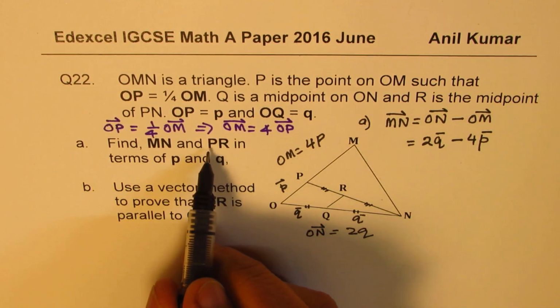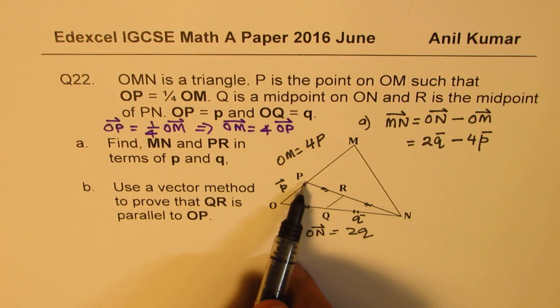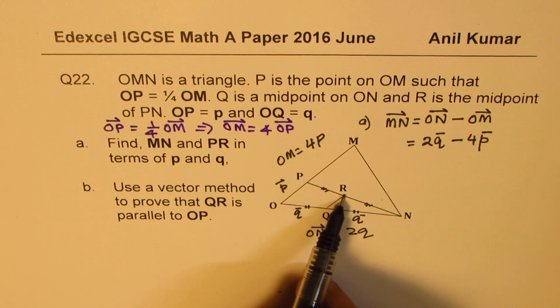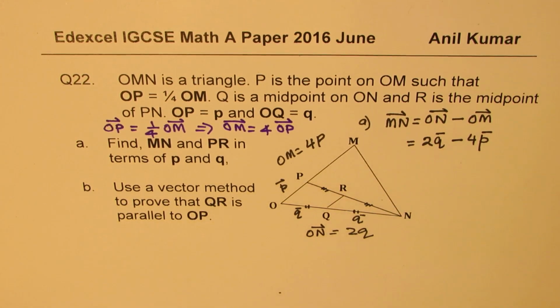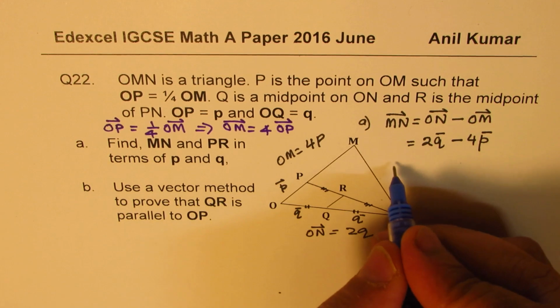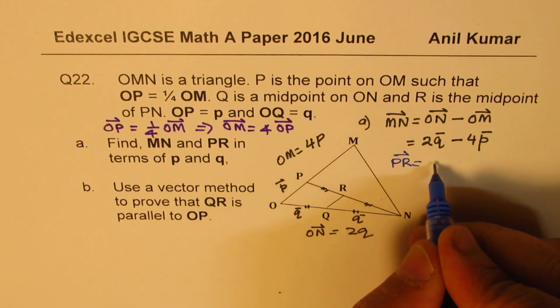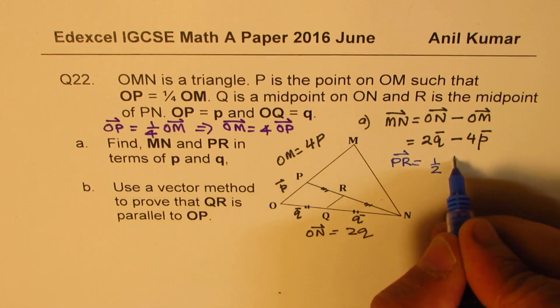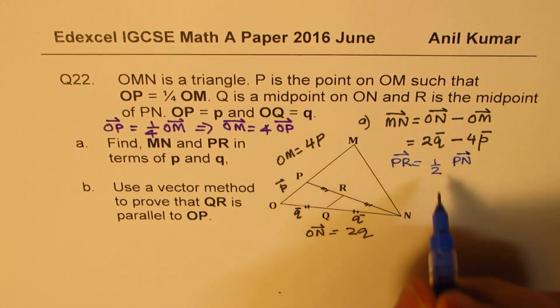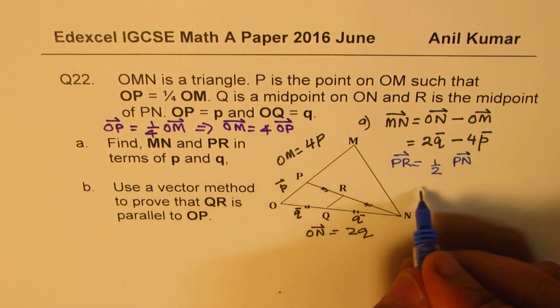Now we also need to find what PR is. That is P to R, right? So how do we find PR? Let's do that now. So PR basically is half of PN, right? So we can write PR, since R is a midpoint, is half of P to N. And what is P to N?